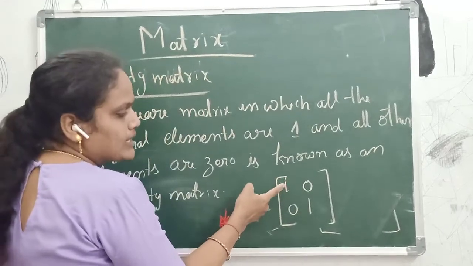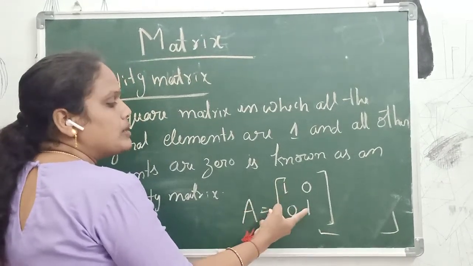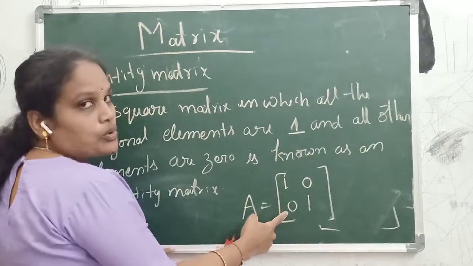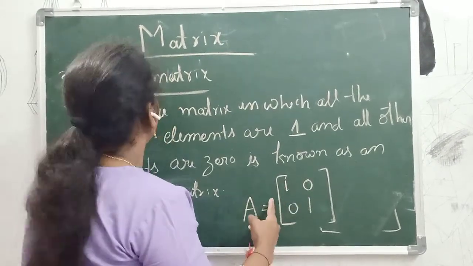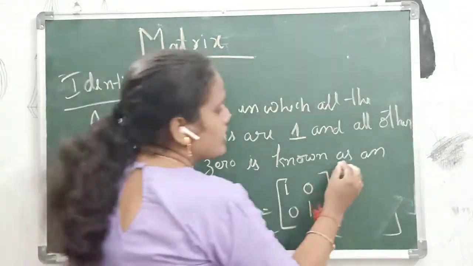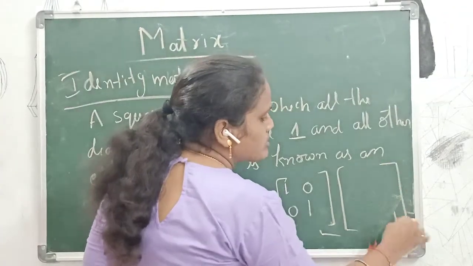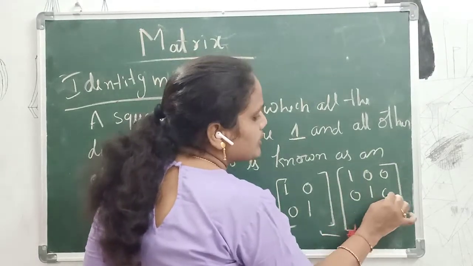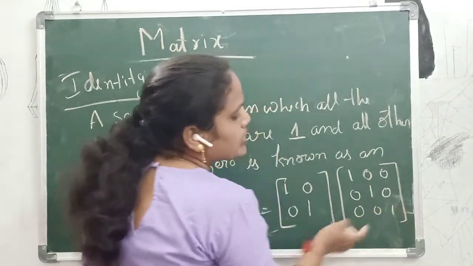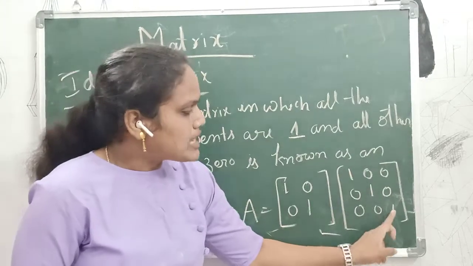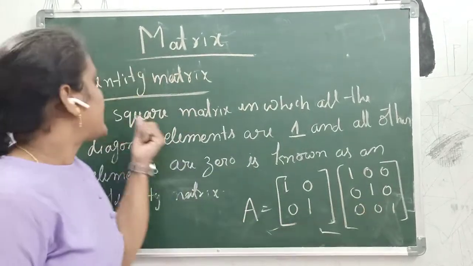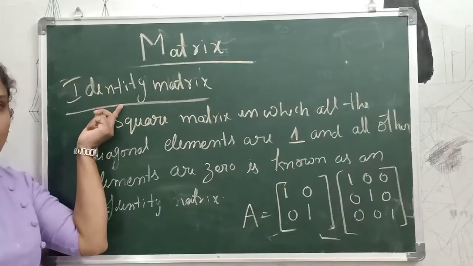These are the diagonal elements, and the diagonal elements are 1. The other elements are zeros. This type of matrix is called an identity matrix. For a 3 by 3 matrix also, 1, 0, 0, 0, 1, 0, 0, 0, 1. Only the diagonal elements are ones, and the remaining elements are zeros. This type of matrix is called an identity matrix.